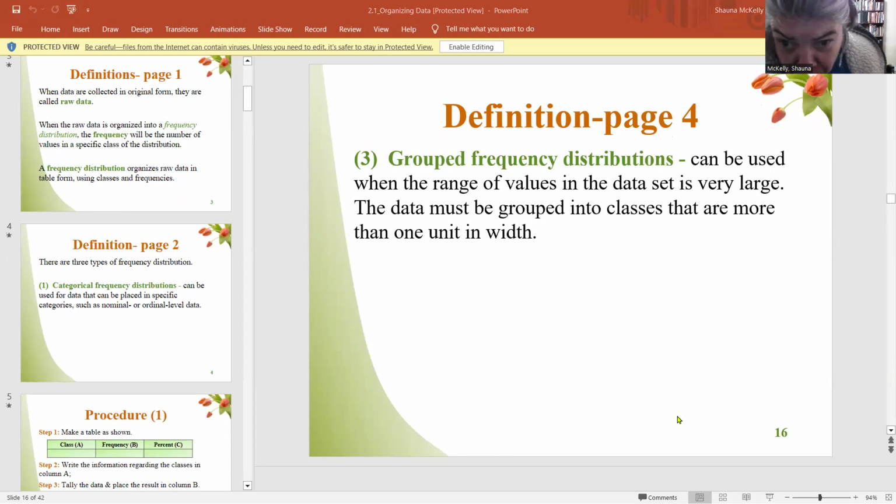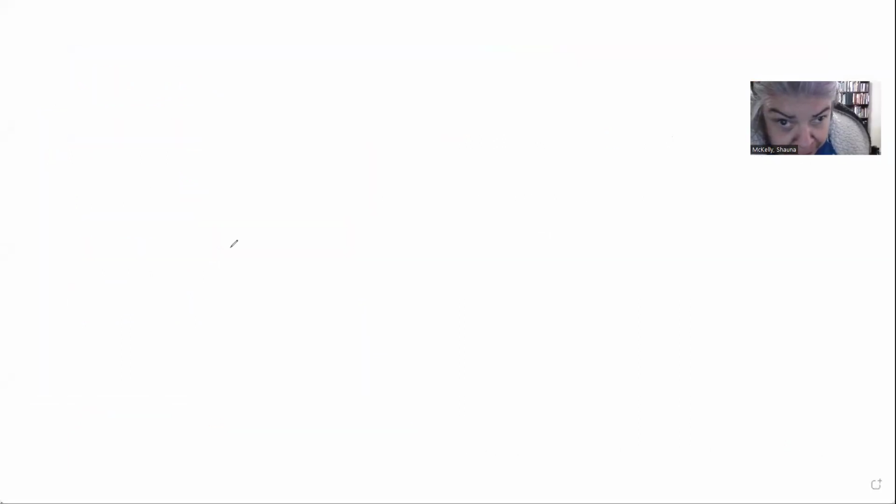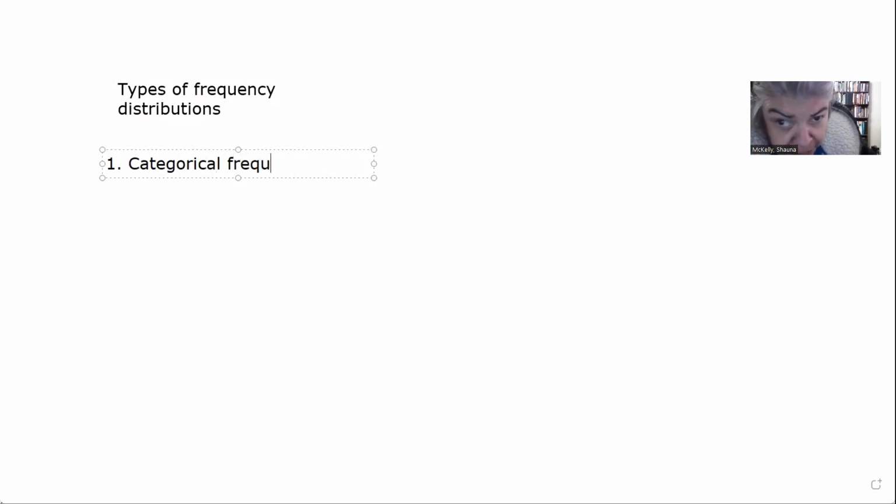So I'm going to say types of frequency distribution. The first type is the categorical frequency distribution.